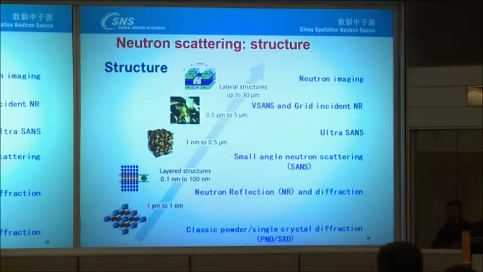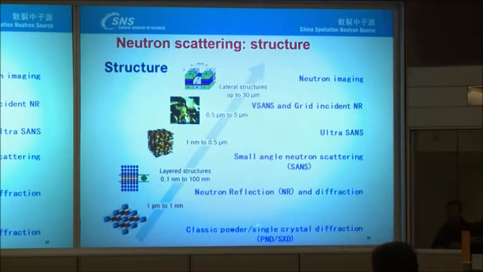This plot shows, if you study the structure at a different scale, what kind of technique in neutron scattering you will use. For the large scale, you can use neutron imaging, and then very small angle neutron scattering, and so on.